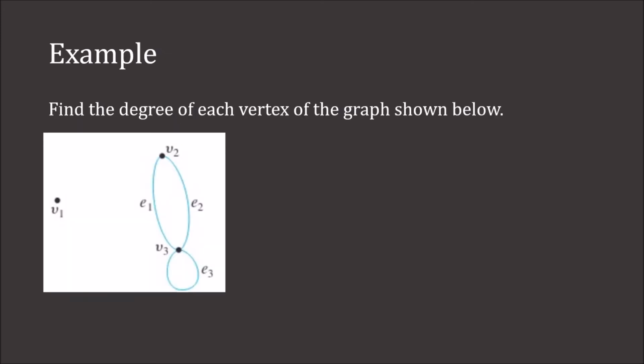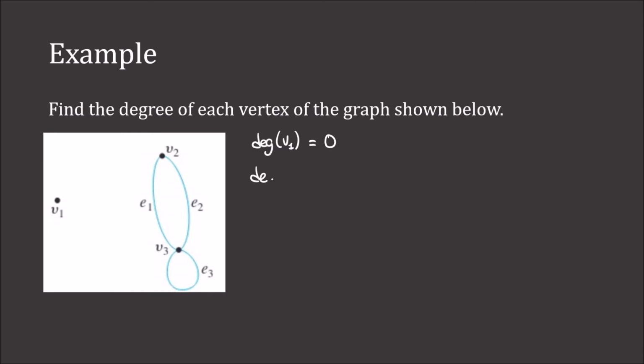So we want to find the degree of each vertex. So we start with the degree of V1. It's our first vertex. Well, notice there are no edges incident on it, so it has no degree.